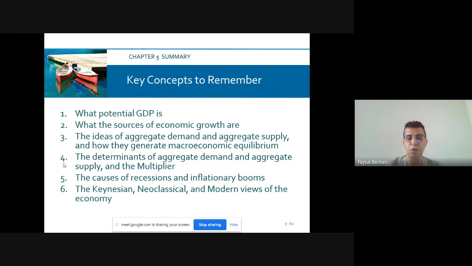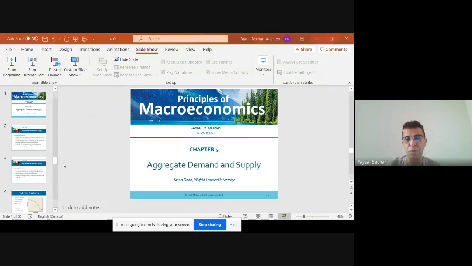So the key concepts to remember: what real potential GDP is, what the sources of economic growth are, the idea of aggregate demand and aggregate supply and how they generate macroeconomic equilibrium, the determinants of aggregate demand and aggregate supply, the effect of the multipliers, spending, and the causes of recession and inflation boom. And then we have three theories: Keynesian, neoclassical, and a combination of these two, which is the modern view of the economy.